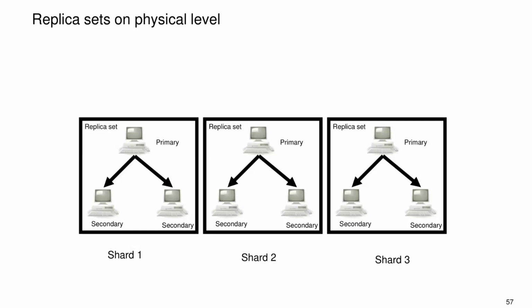But here it's different, because now we have that architecture for every partition. So here I have 3 partitions, and I have three sets of computers here. So that is specific to MongoDB, the fact that it's done in this way.